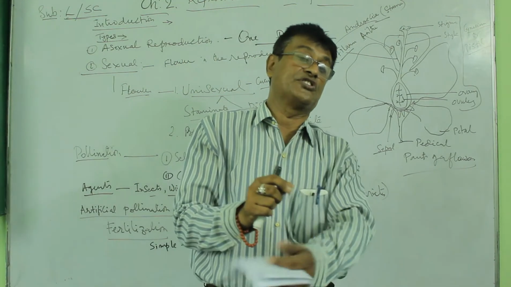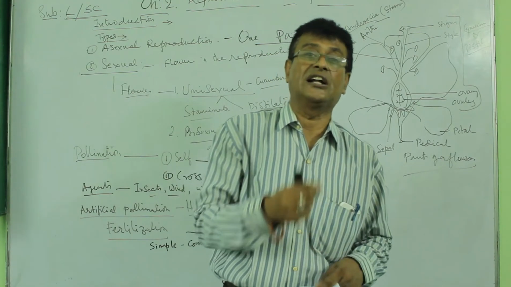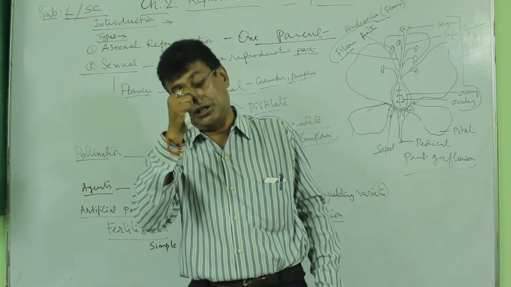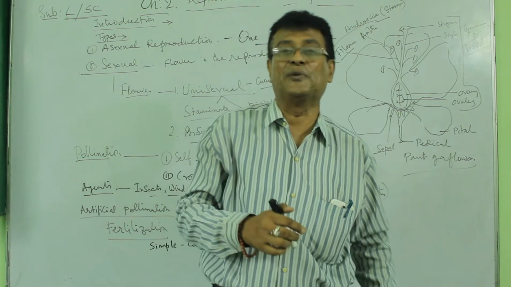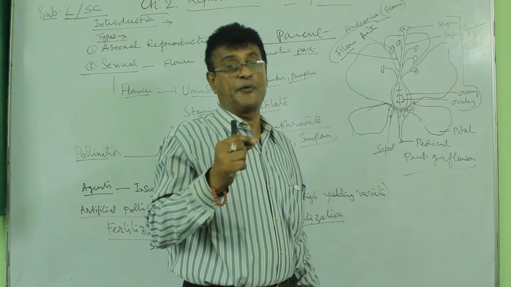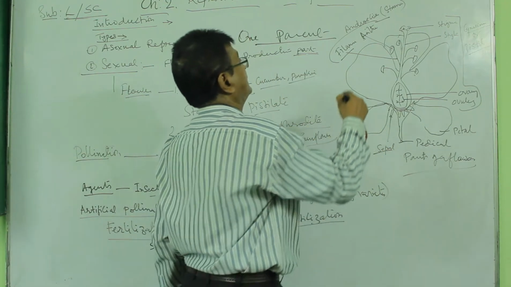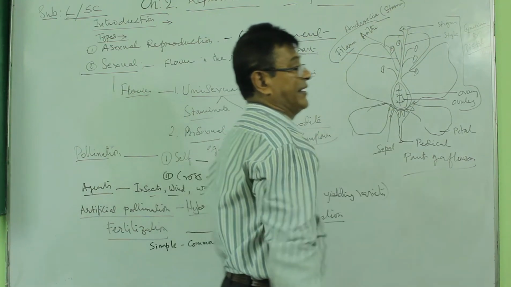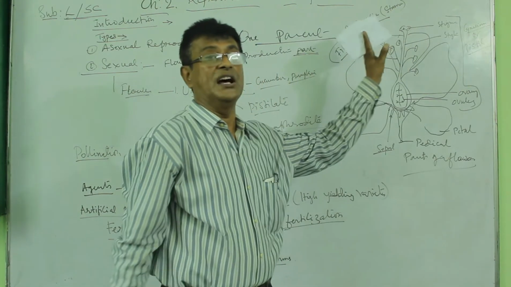The anther has anther sacs, and at maturity the anther sac breaks, and the yellowish red or reddish brown pollen grains, which are nothing but the male reproductive cells, are released. This is known as the male part, or androecium, or the stamen. So this is the complete flower.